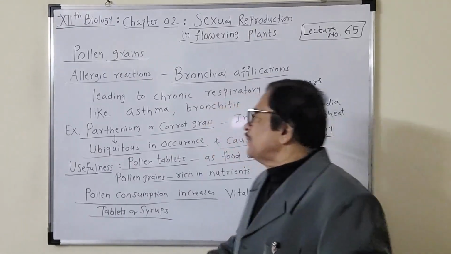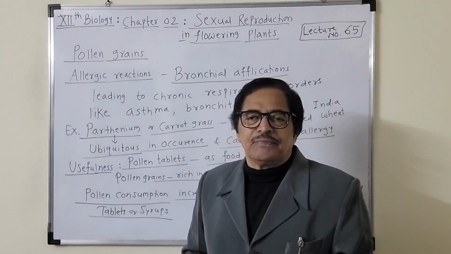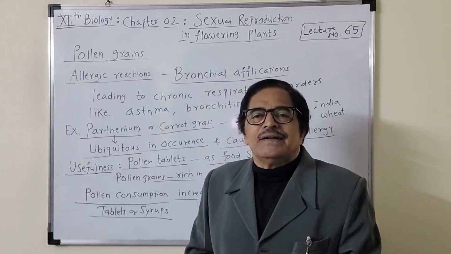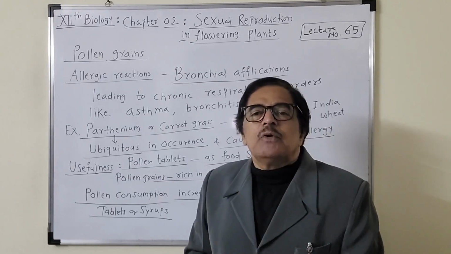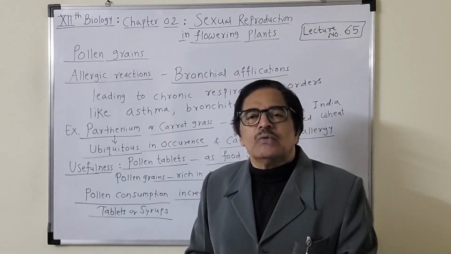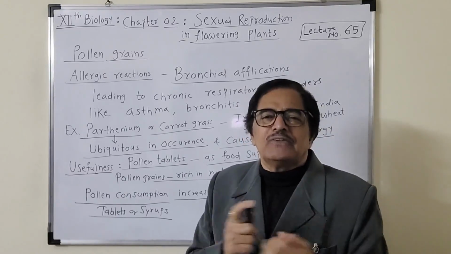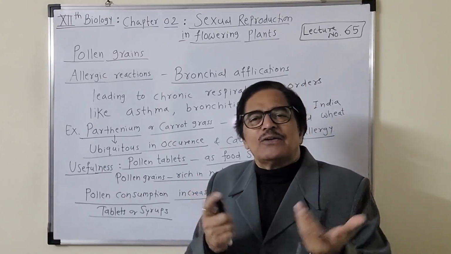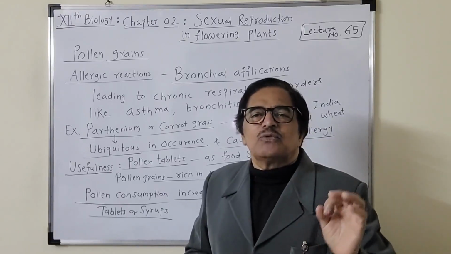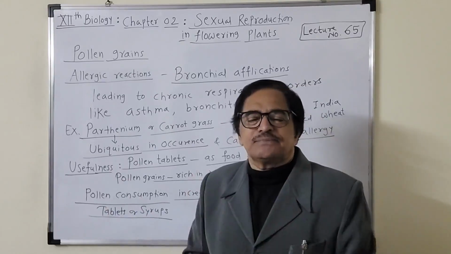One of that कैरेट ग्रास, जिसको हम पार्थेनियम कहते हैं, that plant that is not native of India. It was contaminated with the imported wheat. जो बाहर से व्हीट लिया था हमने, व्हीट यानी गेहूं, तो उसके साथ ये आया था कॉन्टेमिनेट होके, मिक्स होके, and then it started growing there. It is a weed plant actually. कैरेट ग्रास या कहीं पे उसको कांग्रेस ग्रास भी कहते हैं, यानी जहां पे जाओ वहां पे वो बढ़ता था.